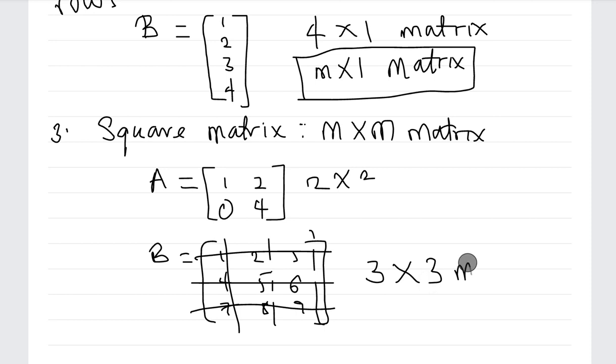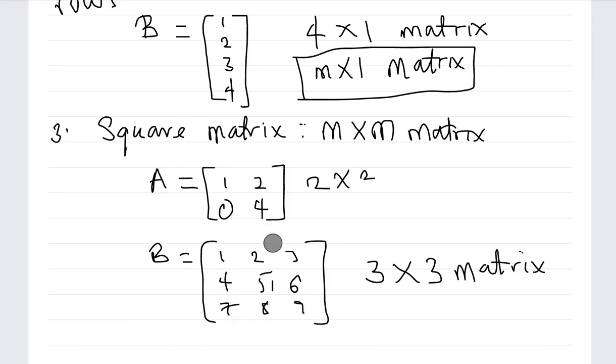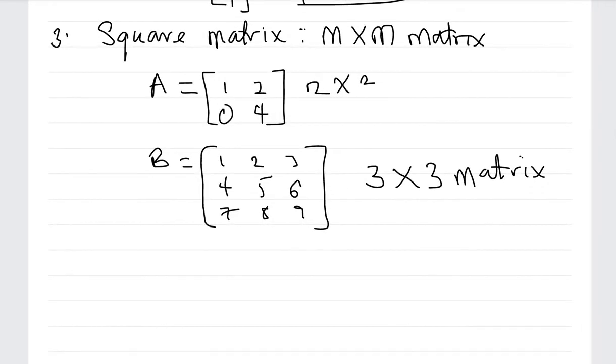Because the number of rows is equal to the number of columns, it is a square matrix. Are you following what I'm saying now?